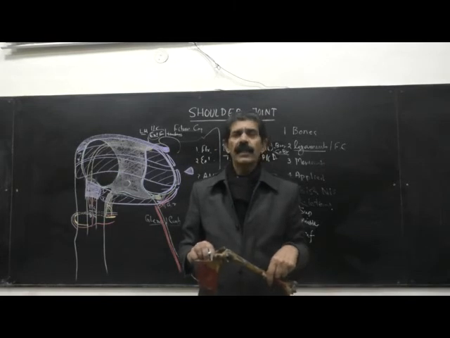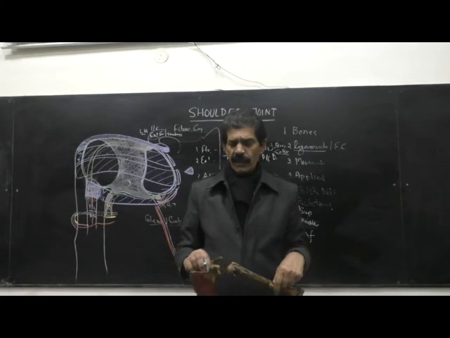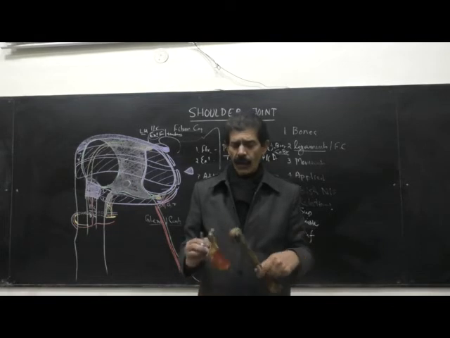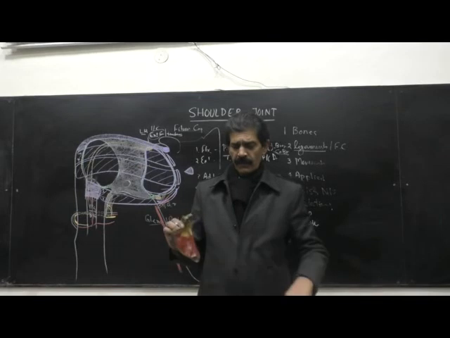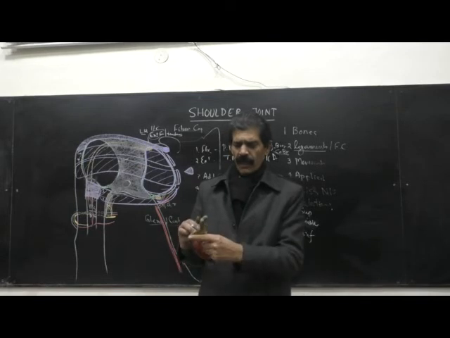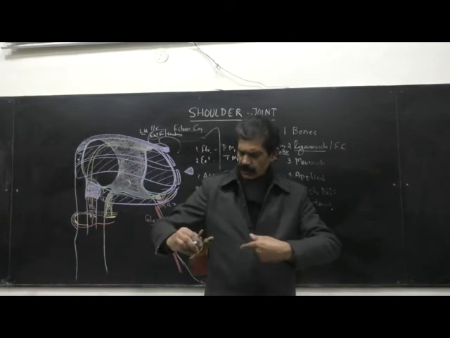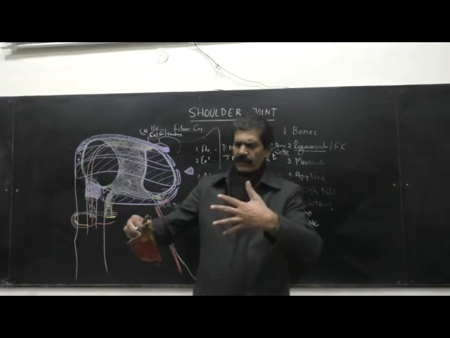Number one is the serratus anterior, which comes into play. We know the serratus anterior is inserted into the anterior surface of the medial border of the scapula. This muscle goes from the ribs, with 8 digitations like my 8 fingers.